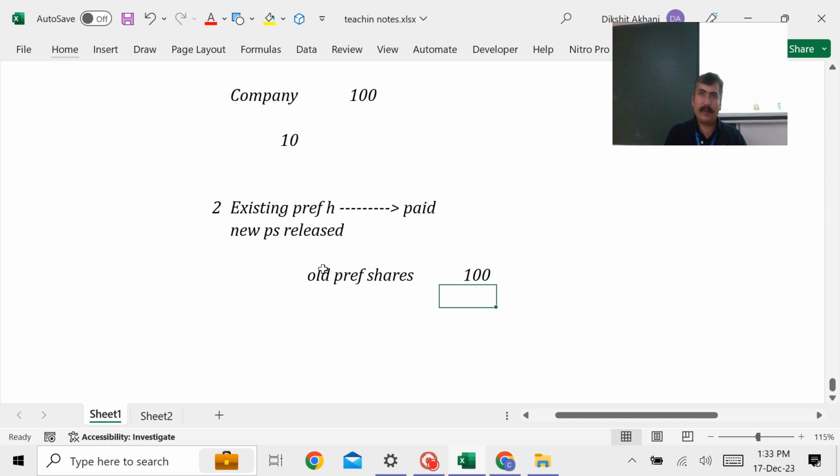This preference share. So this will be considered as squared up, like paid off. In place of that, the new will be considered as come to the picture. So journal entry ऐसे होगी. Old preference share debit to new preference share. Amount बदलेगी नहीं भाई. Are you getting me? 100 and 100.